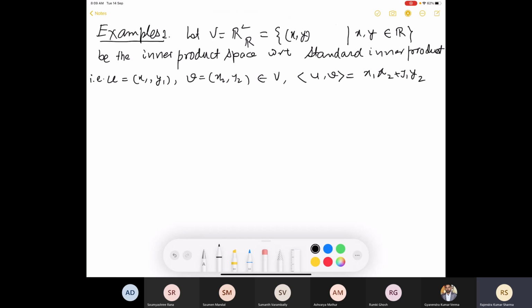If you define the inner product like this, this makes the norm of u squared equal to the inner product of u with u, so this is x1 squared plus y1 squared.